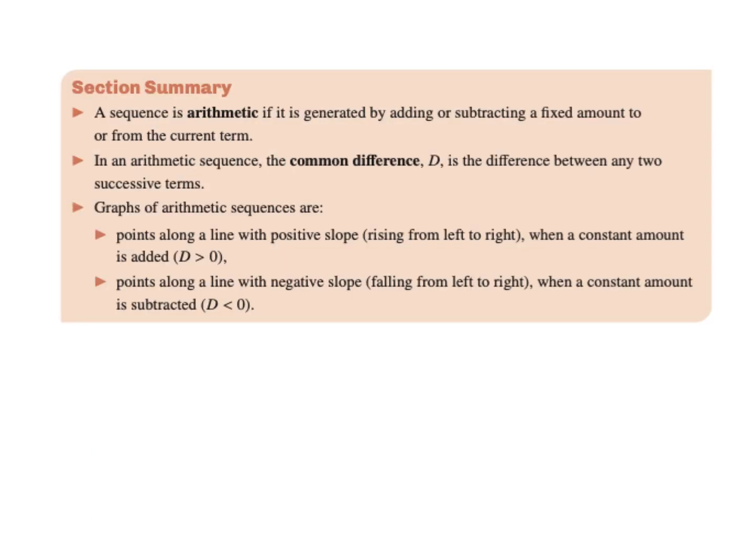Okay, so let's go over a little summary. An arithmetic sequence is generated by adding or subtracting a fixed amount to the current term. In an arithmetic sequence, the common difference is the difference between 2 successive terms. You can find that by going, say, T2 minus T1, or T3 minus T2, okay?